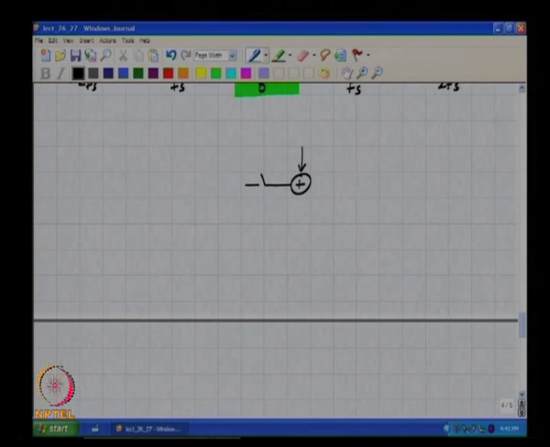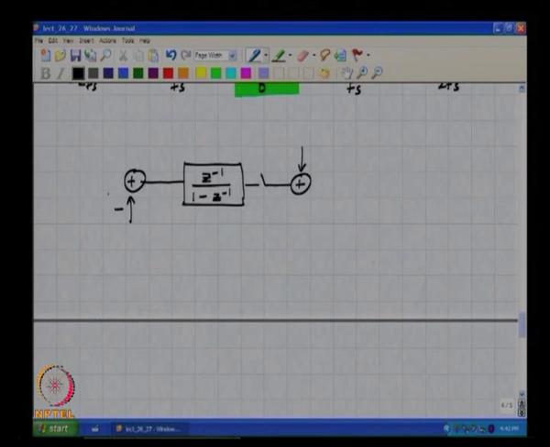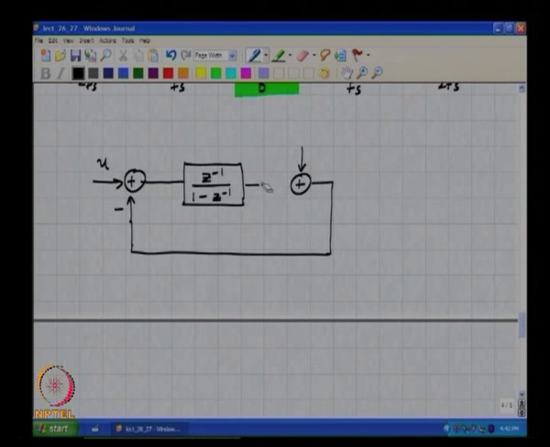So, let us now consider a first order discrete time delta sigma loop and see how one can use a continuous time filter to make the loop believe that it is indeed dealing with a discrete time loop filter.